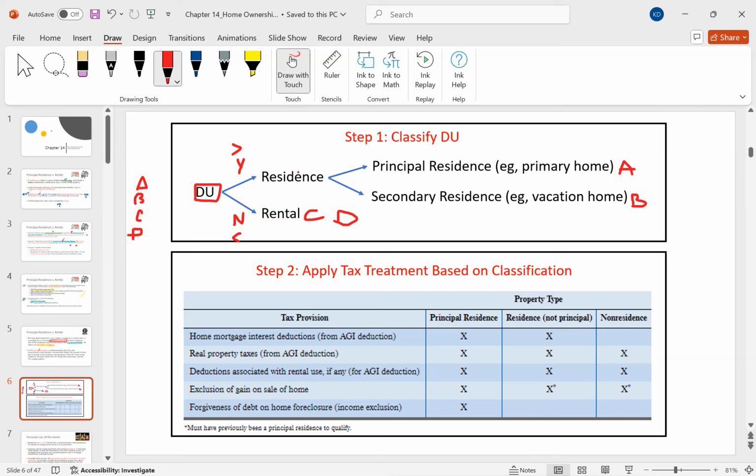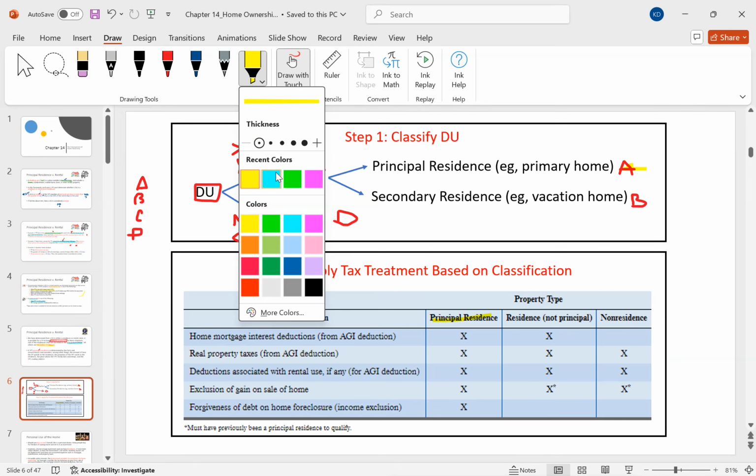To the extent, right, you own multiple residences, one of them you have to pick as your principal or primary residence. Why we care about that, right, is your principal residence is going to get the whole shooting match of tax benefits that we'll talk about.